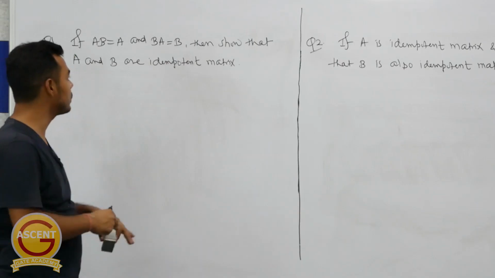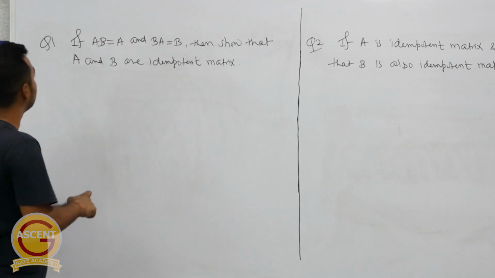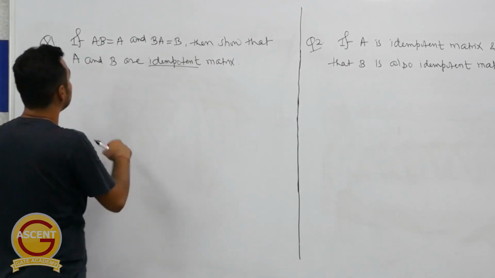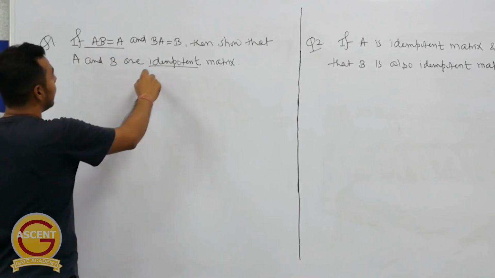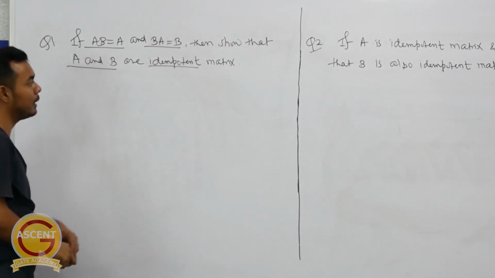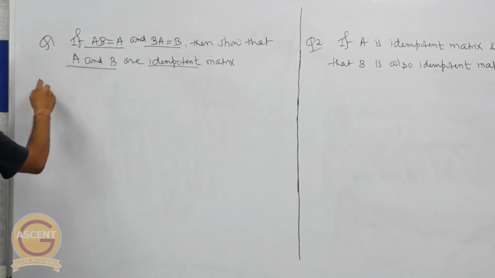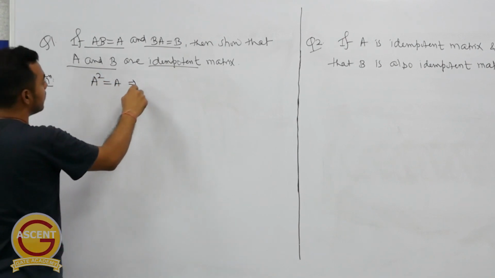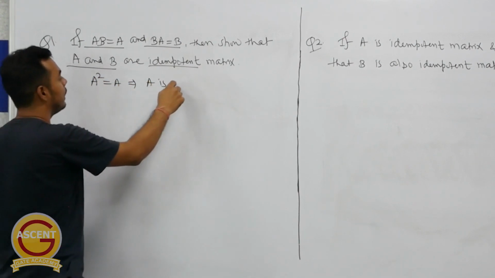Okay, so now our next two problems are based on idempotent matrix. The first question is, if AB is A and BA is B, then we have to show that both A and B are idempotent matrices. So we have seen that in case of idempotent matrix, the definition was if A square is A, then this implies A is idempotent matrix.